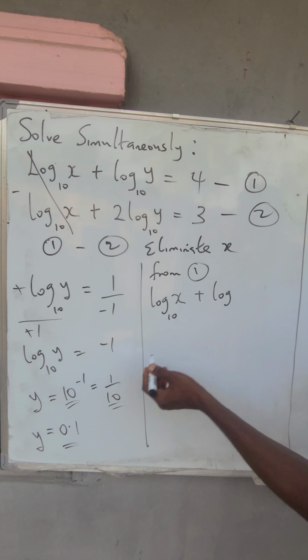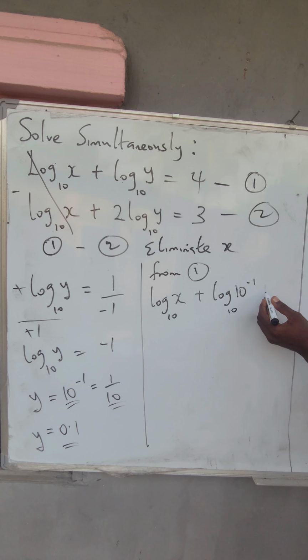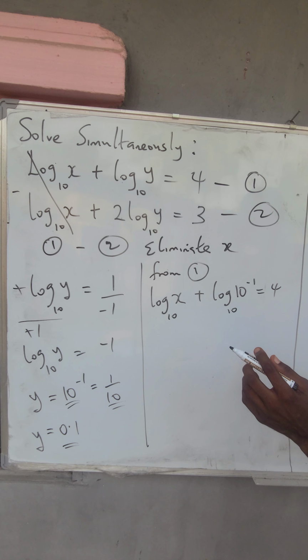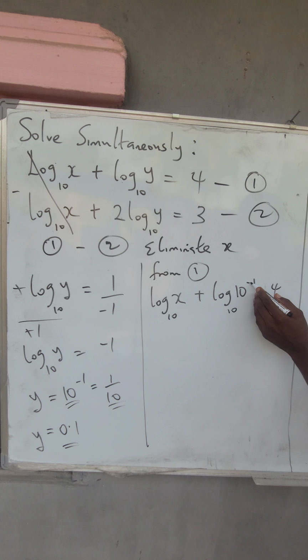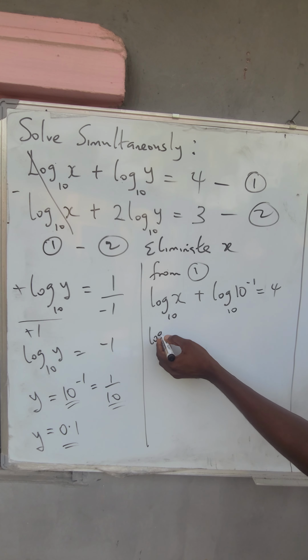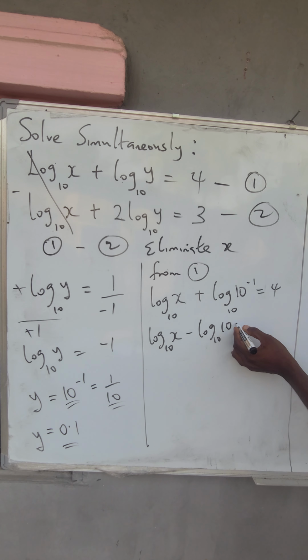Let's use it as 10 raised to power minus 1, base 10, equals 4. Applying one of the laws of logarithm, when we have a power here, this power can come down to this side. So you have log base 10 x, then here is minus log 10 equals 4.